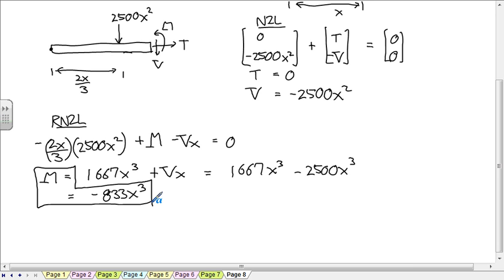Okay, so that's the first cut. One thing you can check after each cut is that the derivative condition holds. So does dM/dx equal V? Yeah, so that's good. So now we can go on to cut 2.